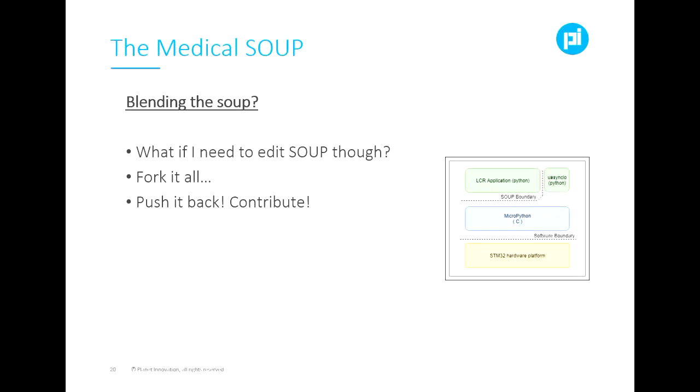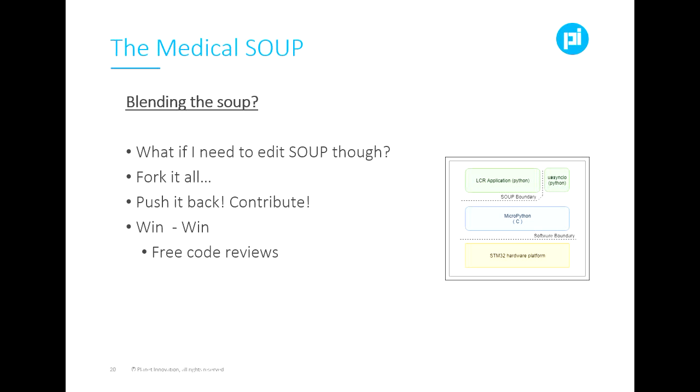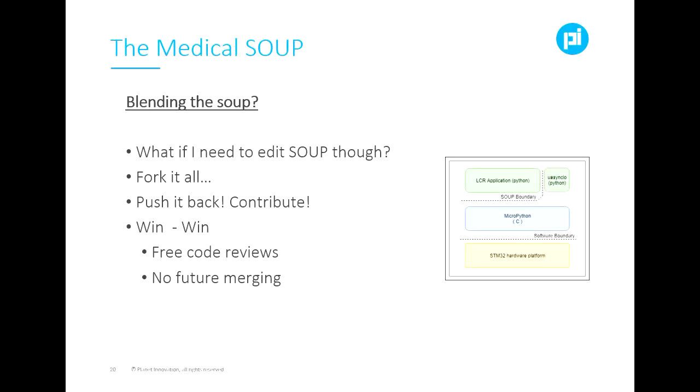So I've found it to be far more practical to contribute back. We all like open source. Let's contribute to the community. But it's actually a win-win for both the community and for the company, because through submissions back out, I've gotten free code reviews from technical experts in that platform and had much better code come out of it.